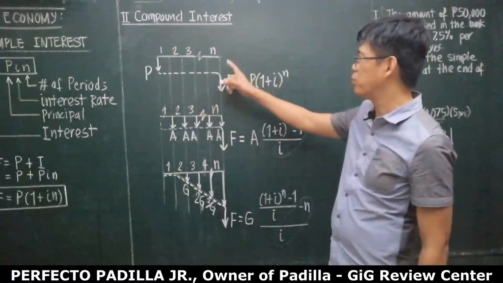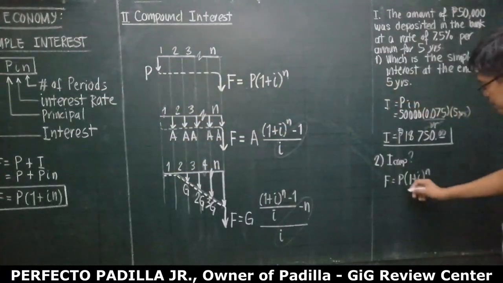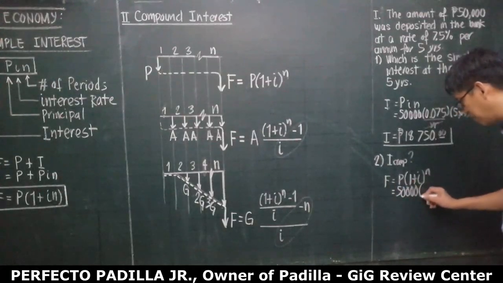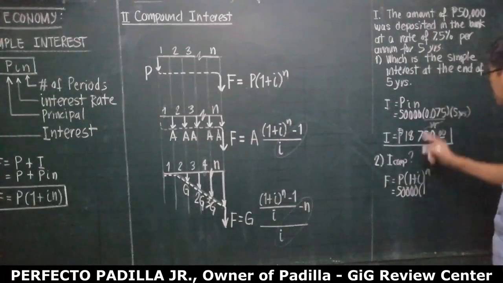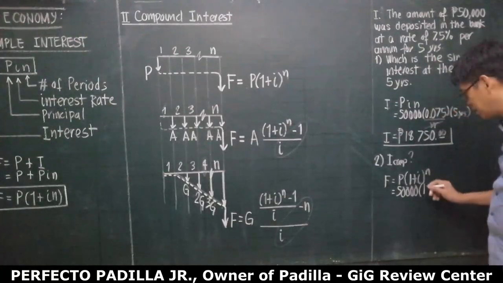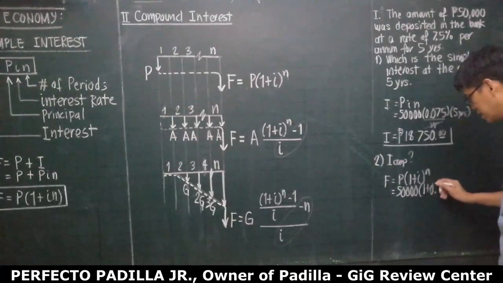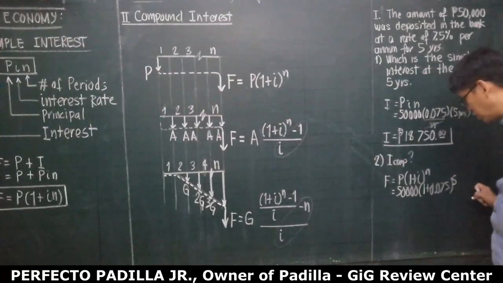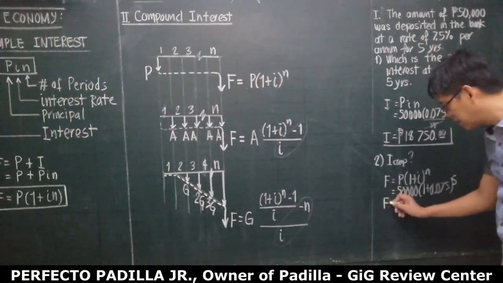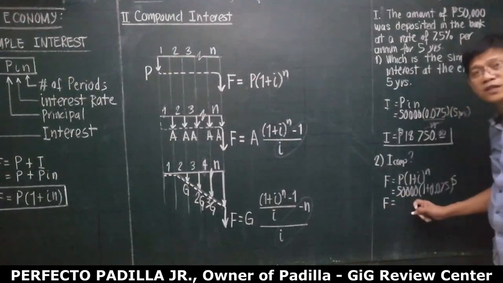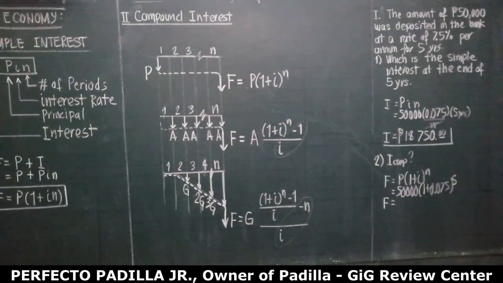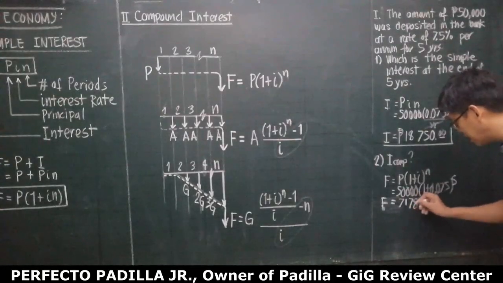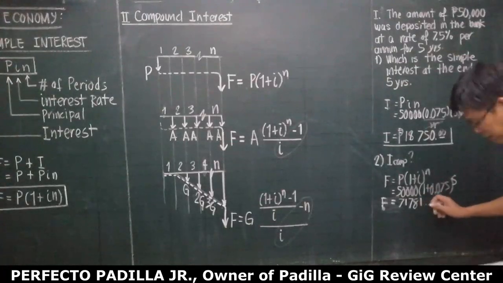Dito, exponentiation, ha? Okay? So, this is going to be 50,000 times 1 plus I, but I is 7.5%. So, plus 0.075 raised to 5. You calculate this, you'll get the future amount of 50,000, and you will get 71,781.50.